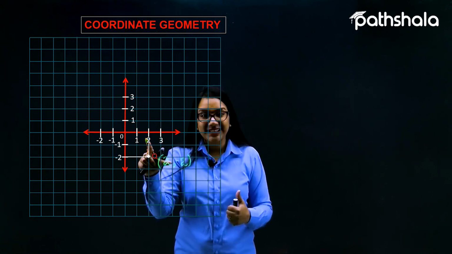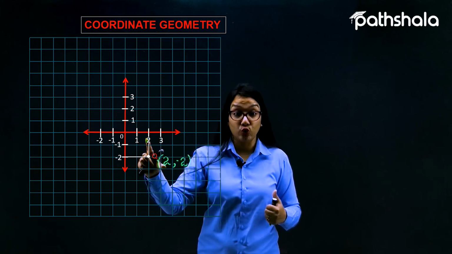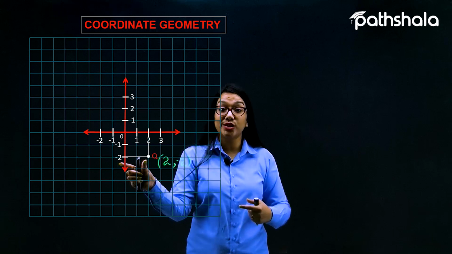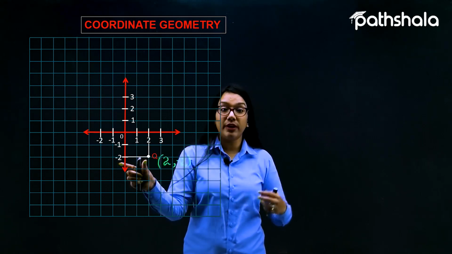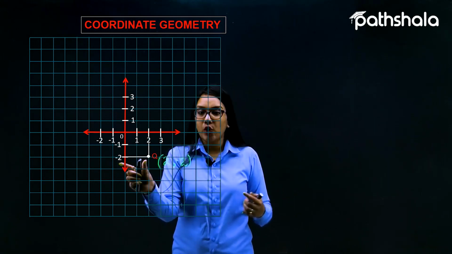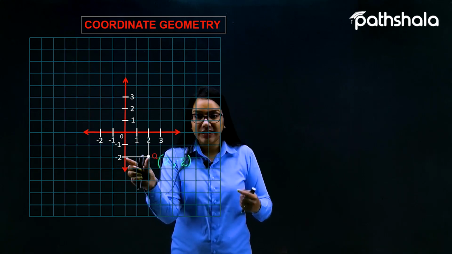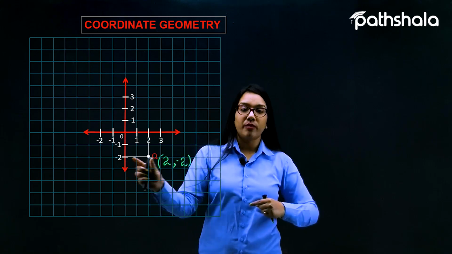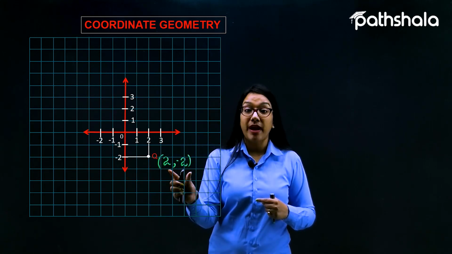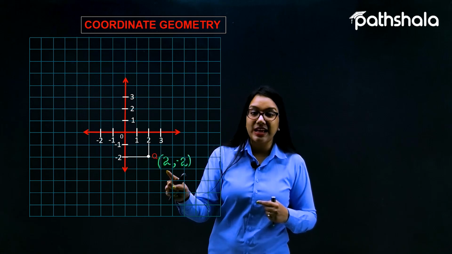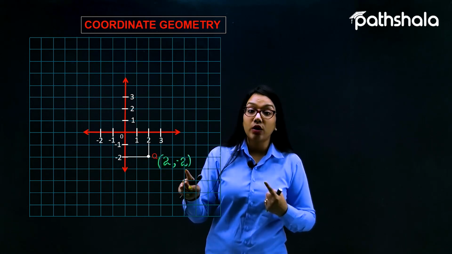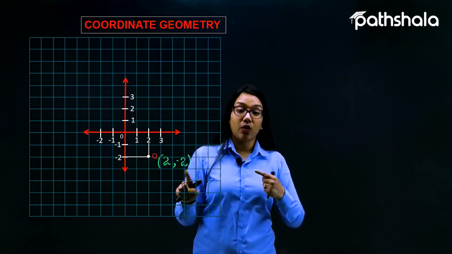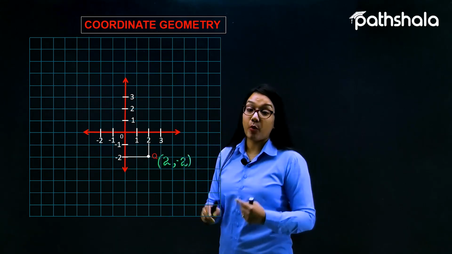So the abscissa will be 2, and the ordinate will be minus 2, because the number at which it joins the y-axis is minus 2. So the abscissa is plus 2 and the ordinate is minus 2. This is the coordinate of this particular point Q.